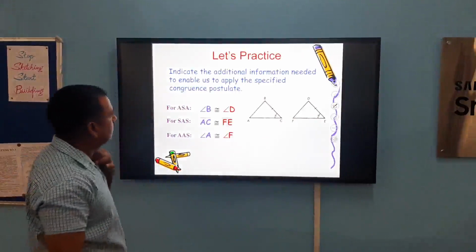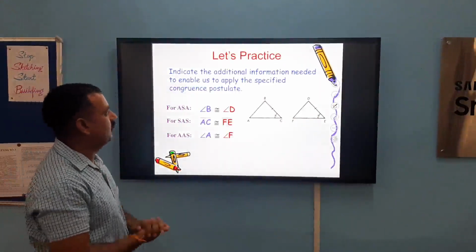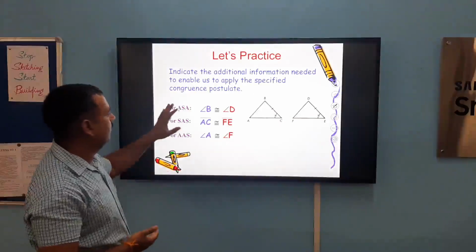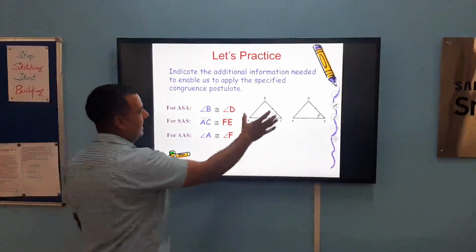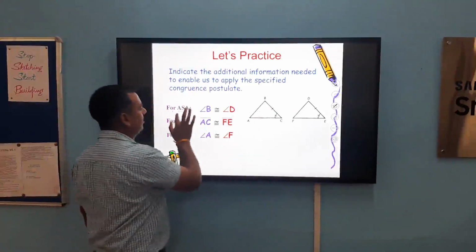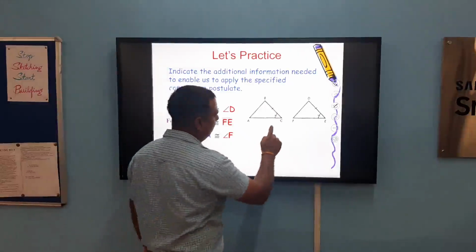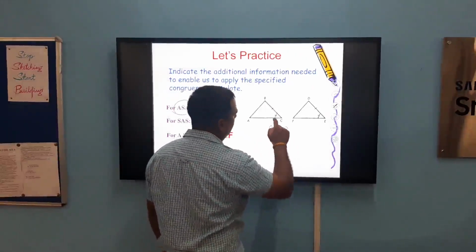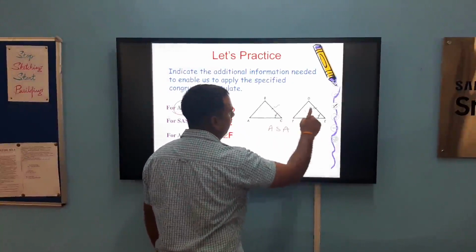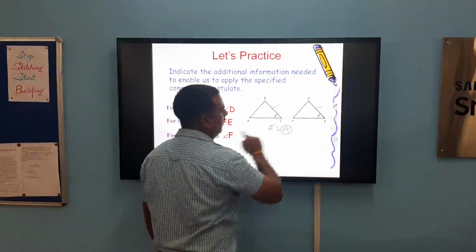So let's practice. Indicate the additional information needed to enable us to apply the specific congruency postulate. In these diagrams, if we want to use ASA, angle side angle, one side must be equal, one angle must be equal, and another angle must be equal.